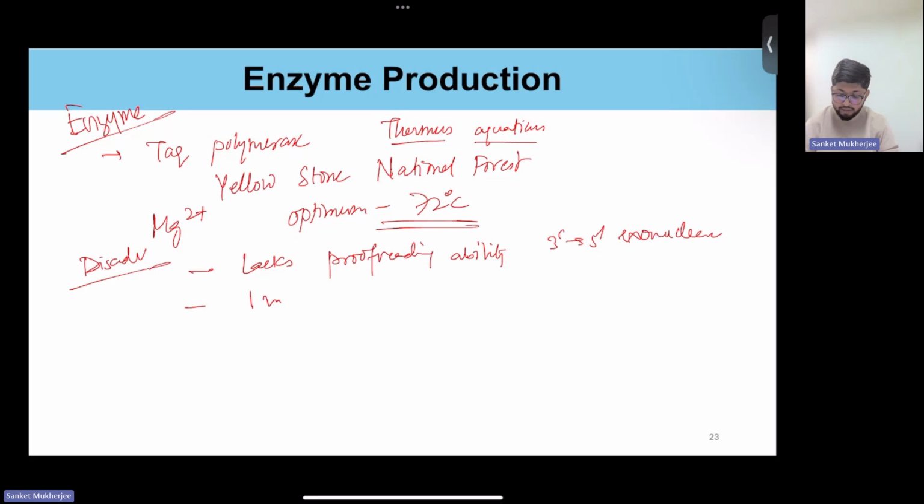So a 1 in 10 to the power 4 error rate is there. So if you have a 400 base pair gene that you are amplifying, then after 20 cycles, the error would be 33%. So it compounds with the more number of cycles. And there would be random errors.